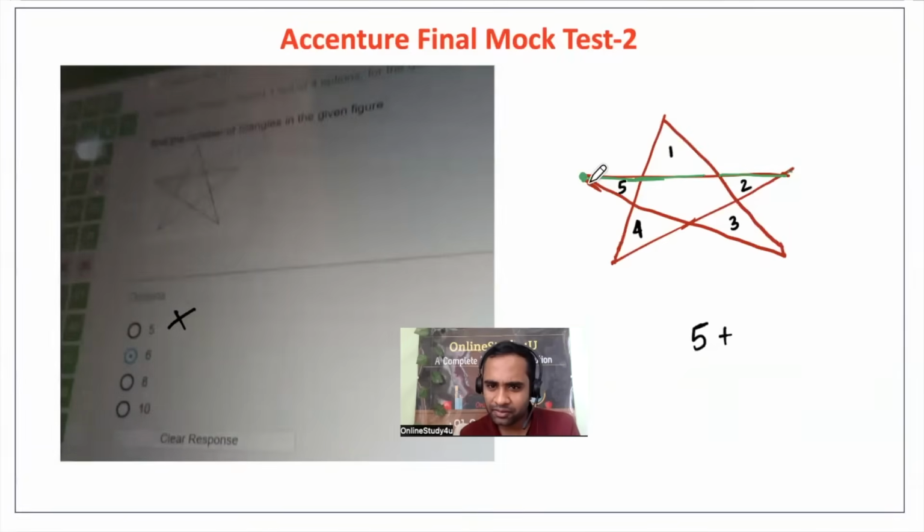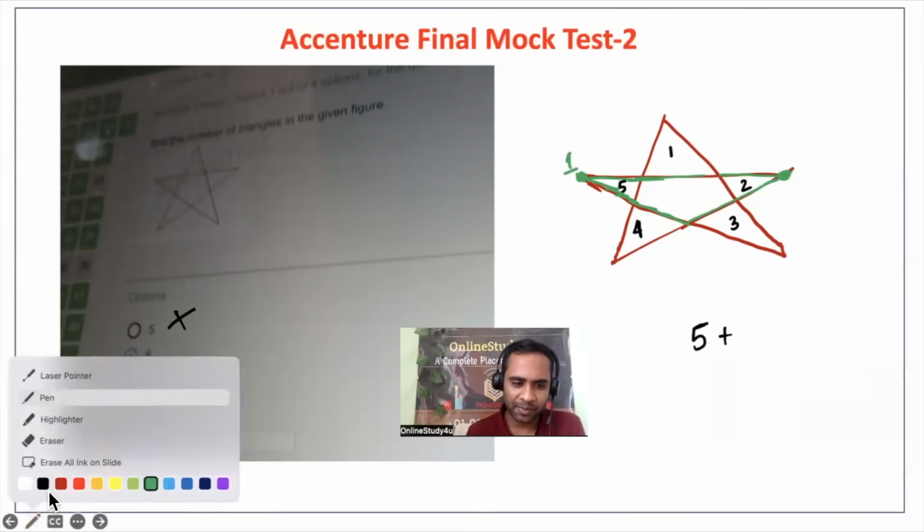So we will be able to put that point only, it will be easy. Then you will be able to see that you are making one triangle. From this point you are going to make one triangle. From this point, again you will be making one triangle.